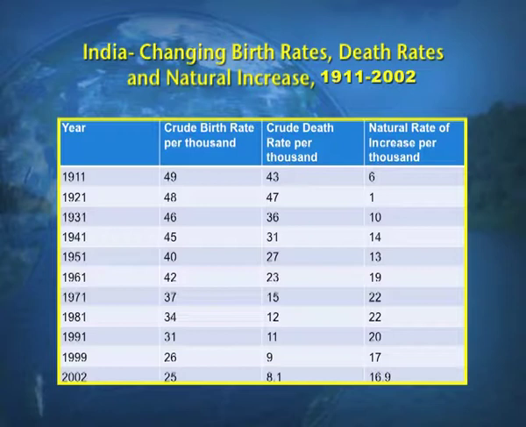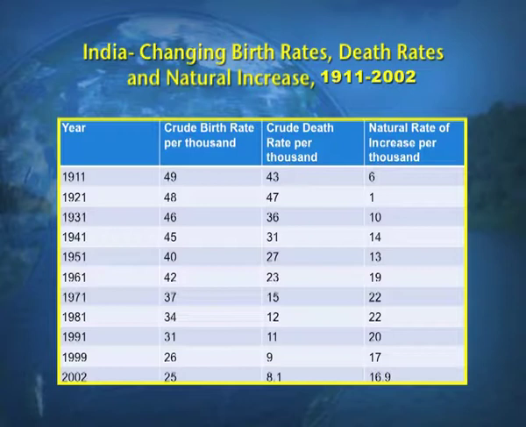Likewise, in 1921 this was only 1, in 1931 it was 10, and the highest natural rate of increase in this table you can view for 2 years, that is 1971 and 1981.